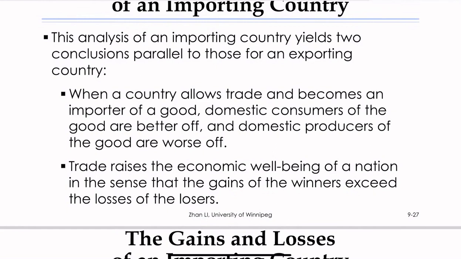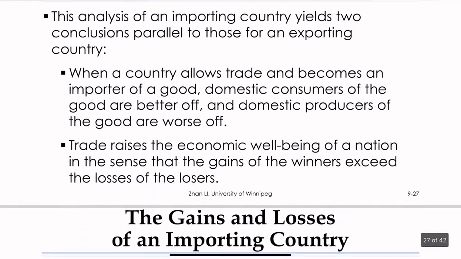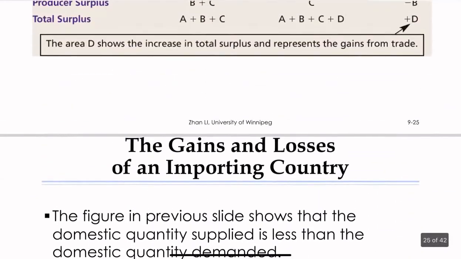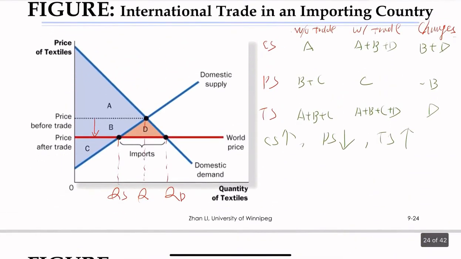This basically implies that the gains from the winners exceed the loss of the losers. So here, who are the winners? Consumers, right? Who are the losers? Producers, right? Okay, that's for the second case when the country becomes an importing country.